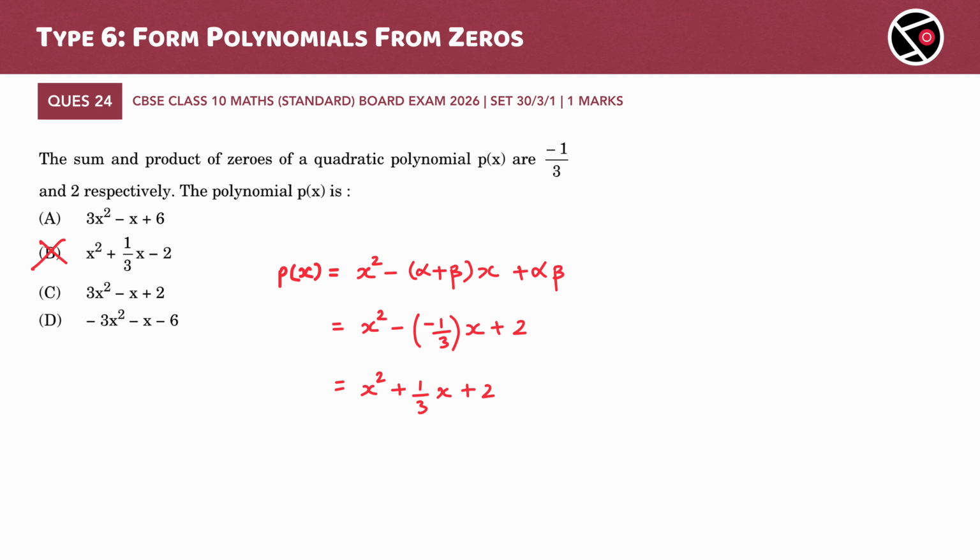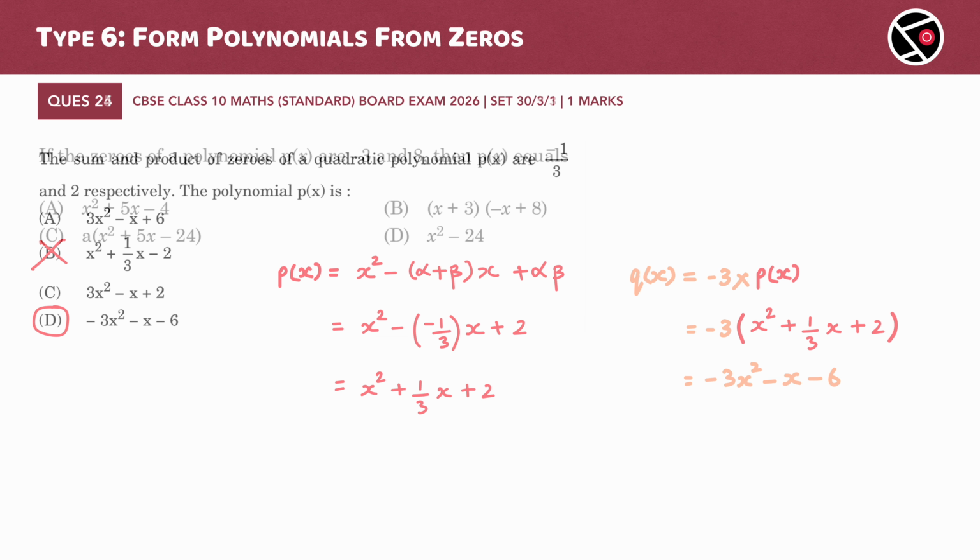Let's multiply p(x) by minus 3 and create one more polynomial, q of x. q of x is minus 3 times p of x, or q(x) equals minus 3 times (x square plus 1 over 3 x plus 2). And we have q(x) equals minus 3 x square minus x minus 6. D is our choice.